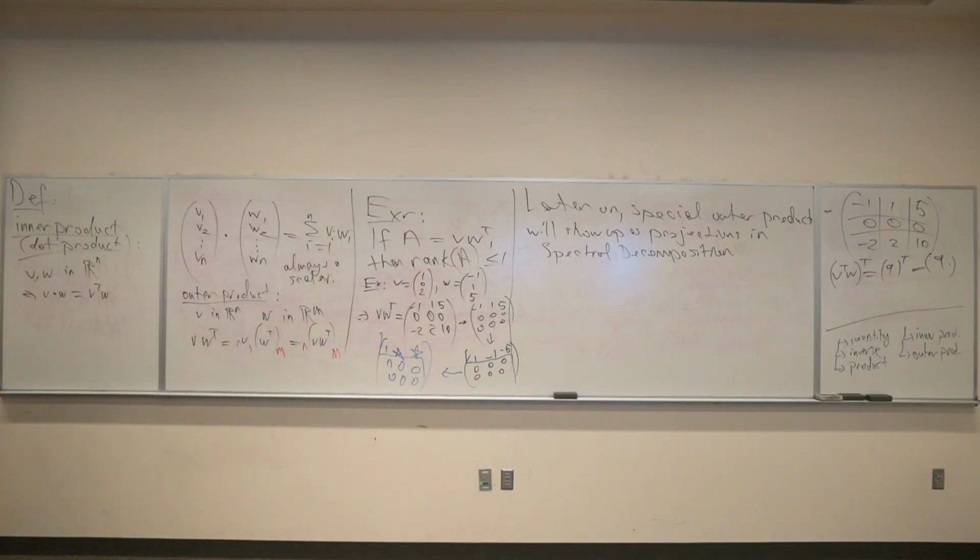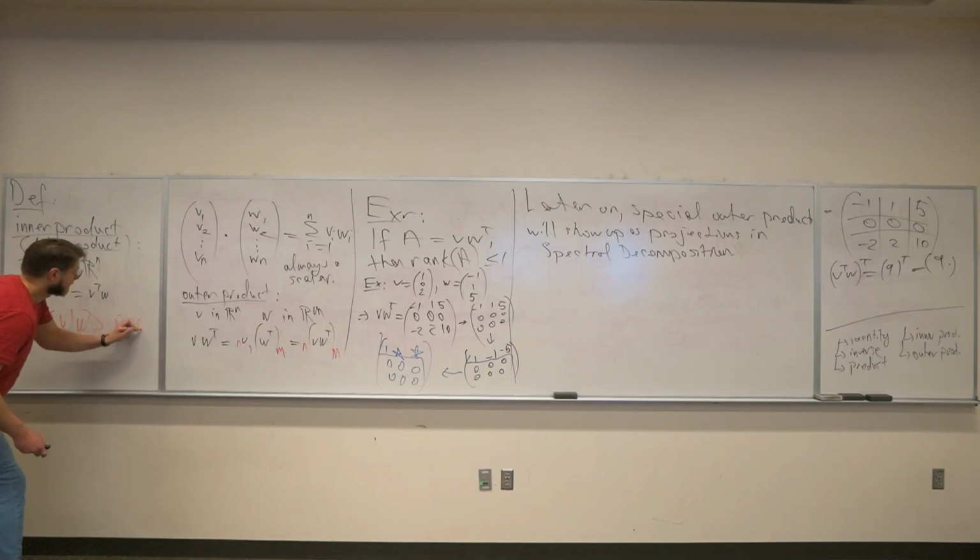So physics people like to use this notation, sort of using this dot. They put this like so. This is the so-called bracket notation. And then what they do is they take this and put it here. So this is the inner product. And then you take this, put it like so.